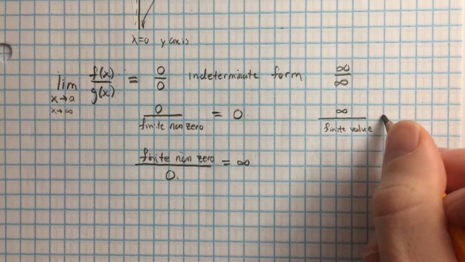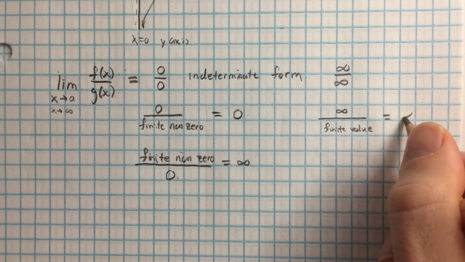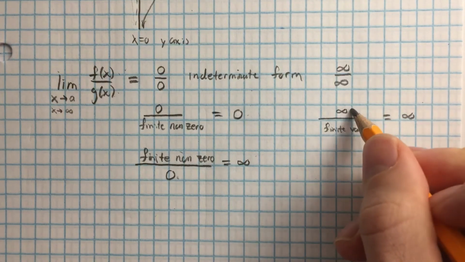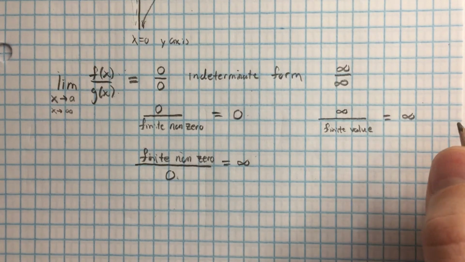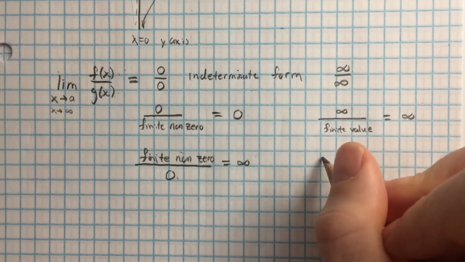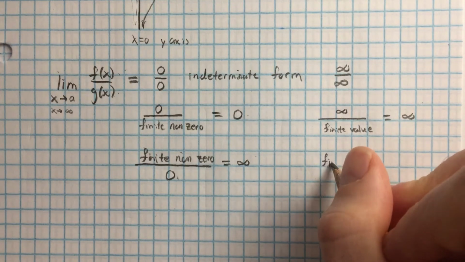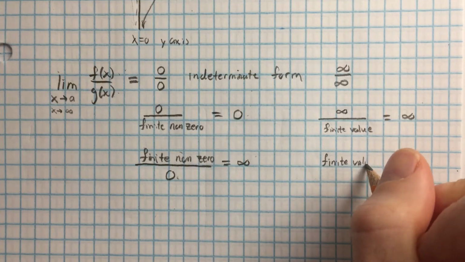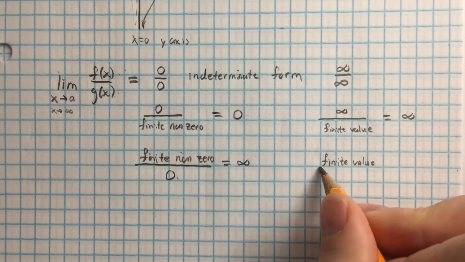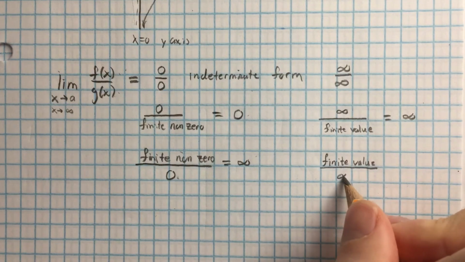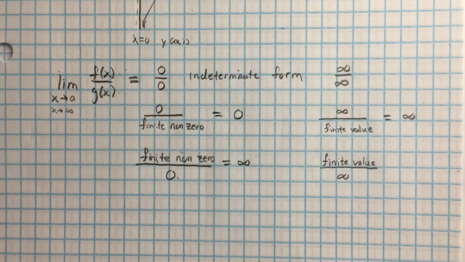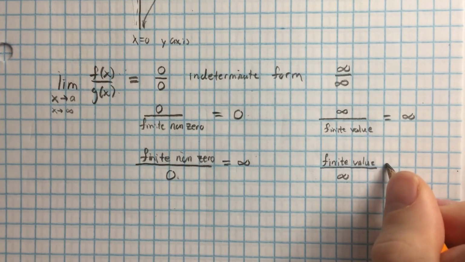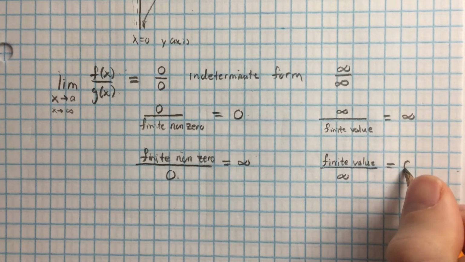So therefore, this should automatically be infinity. Numerator is getting large, bottom's not. Pretty straightforward. If we say finite value here over some sort of infinity. So now f is heading towards a finite value and g is heading towards something infinite. What do we expect? We expect it to be 0.